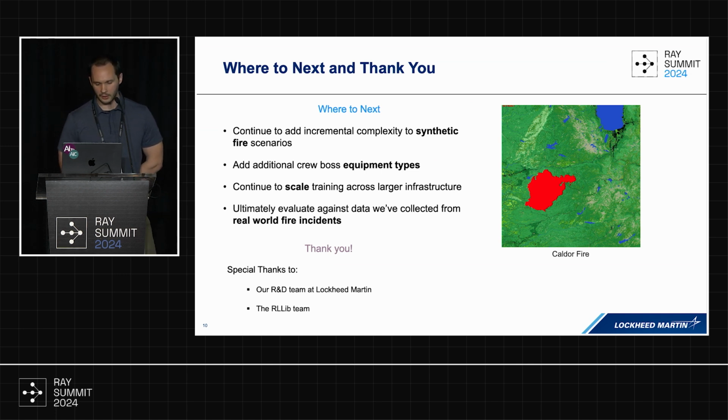We're also working to continue scaling our training across larger infrastructure. And ultimately, we've collected data for about 300 snapshots of real-world fire incidents, mostly from open government sources, and we can drive our simulation with that data. Ultimately, we'd like to evaluate how well these agents do when they're confronted with real scenarios.